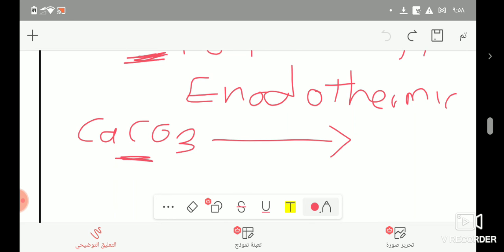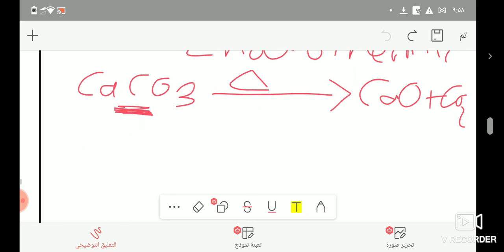For this reaction to be completed, it needs a high amount of heat to give calcium oxide and carbon dioxide.